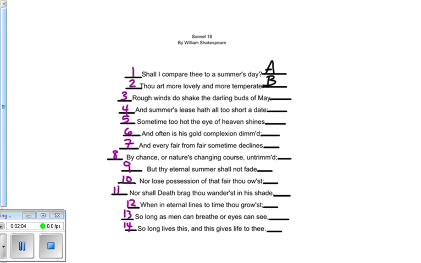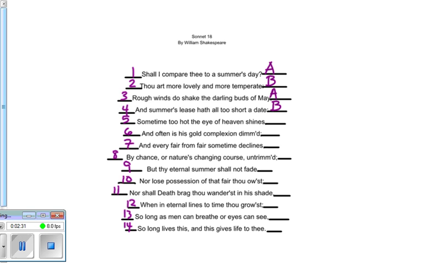So we will give that line the letter A so that it goes with the first line. Temperate and date. Now, in the way we speak today, it's not a perfect match. Temperate is probably the way they pronounced it during Shakespeare's time, and so temperate and date rhyme. So we are going to distinguish that with the letter B.